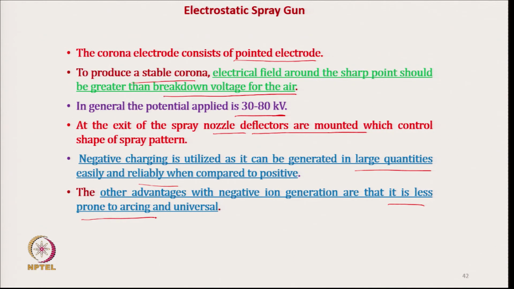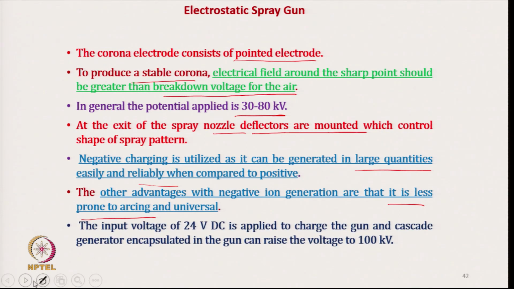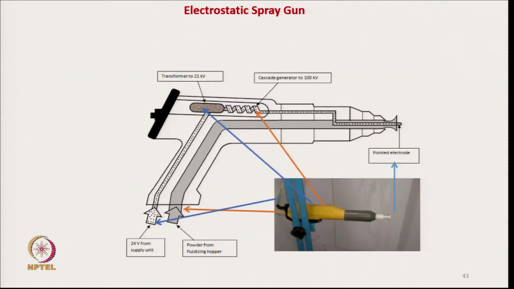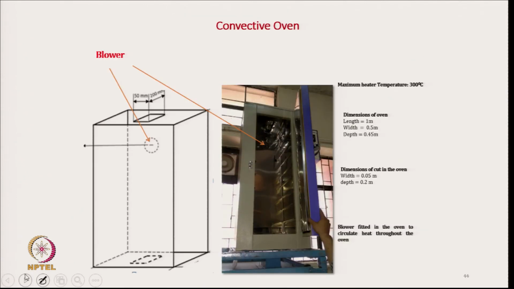That is why we have selected negative charging, though one can select positive charging also. 24 volt DC supply, as I have mentioned. This is the setup we have discussed already, and after coating the carbon tow, it is covered with polypropylene powder and enters the convective oven chamber.